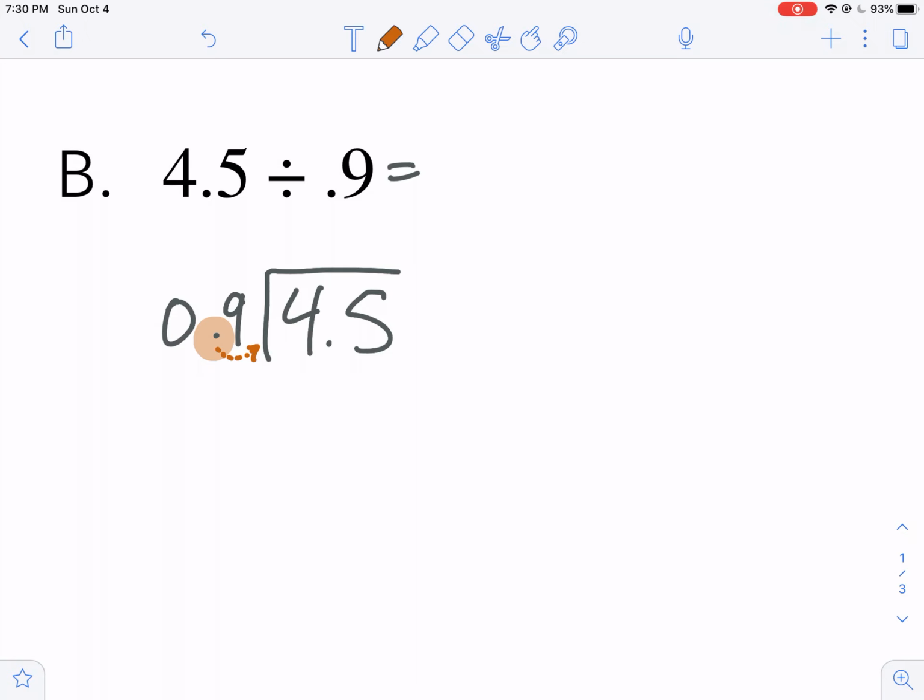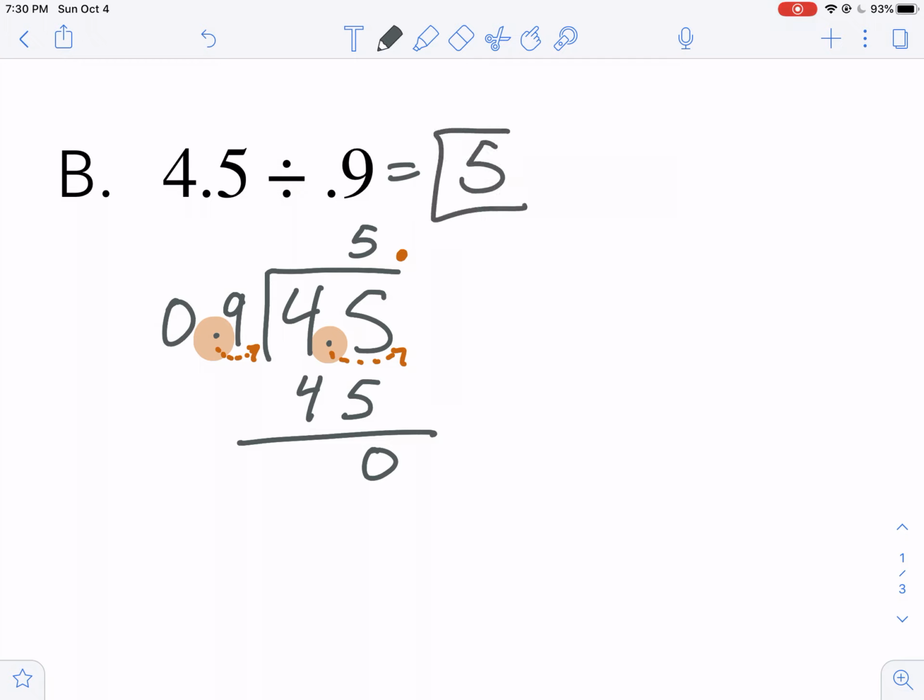That also means that we're going to move this other decimal point to the right 1. So our final decimal point will be up here. Okay, 9 goes into 4 0 times, but 9 goes into 45 exactly 5 times. Man, who designed these problems? That's so great. Awesome. So 4.5 divided by 0.9 is exactly 5.